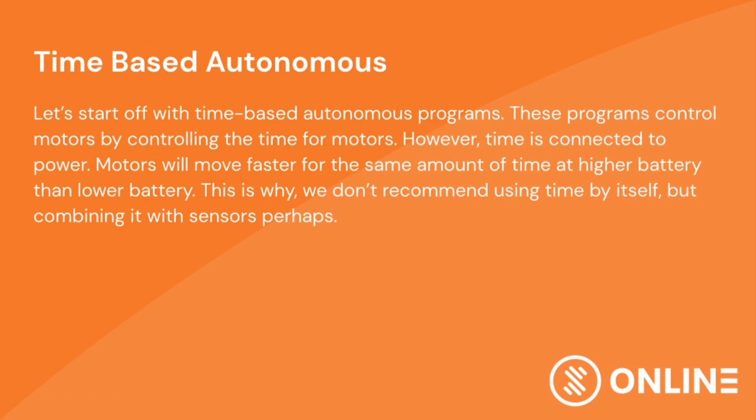However, time is connected to power. So your motor will move faster for the same amount of time at a higher battery than a lower battery. So say your battery's at 14 to 15 volts, which is the recommended high that you can have, and it's working perfectly. Your autonomous is running every single time. Say you practice so much, it drops to 8, and your autonomous stops working.